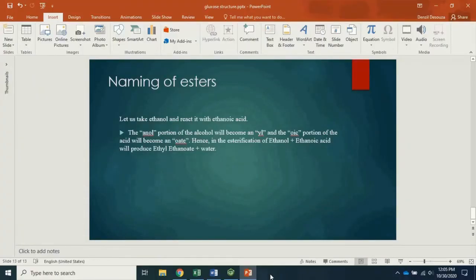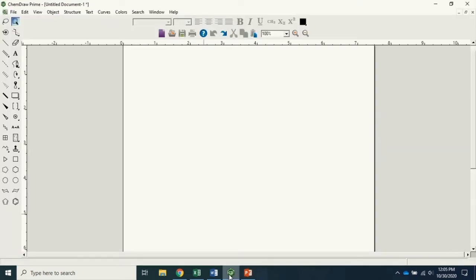Let us work out an example using ethanol and ethanoic acid. So that's ethanol. Let's make up ethanoic acid.